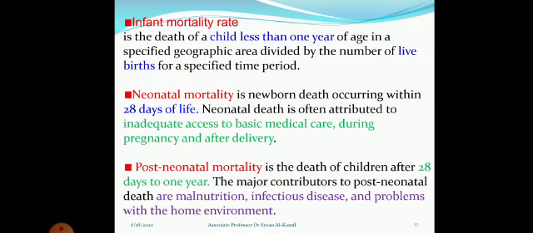So it is equal to the number of children who died during the first 28 days of life divided by the number of live births multiplied by 1000, while the post-neonatal mortality rate is the number of deaths of children after 28 days of life up to the age of 1 year, divided by the live births, multiplied by 1000.